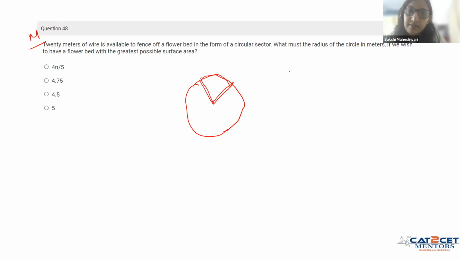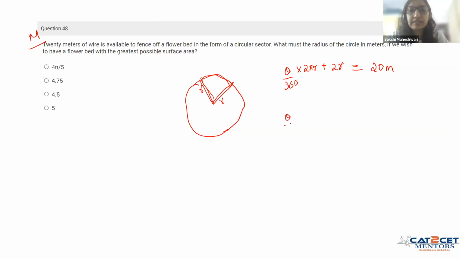This will be theta by 360 into 2 pi r plus 2 into r. This is 2r. And this total is 20 meters. And we need to maximize the surface area.